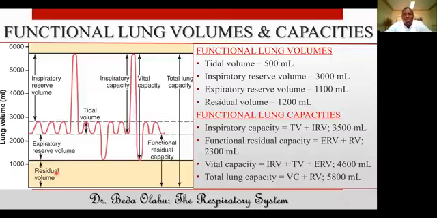You get this total volume of air that lungs can hold by forcefully breathing in. Then everything is measured. Great, so these are the functional lung volumes and the capacities. I told you that the capacities are obtained by adding 2 or more of the volumes.